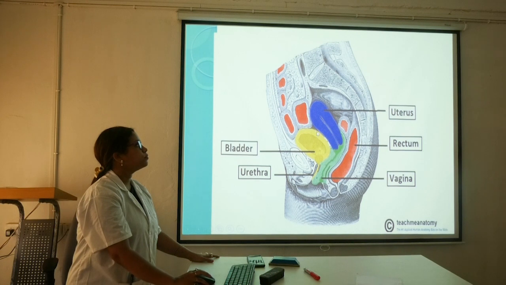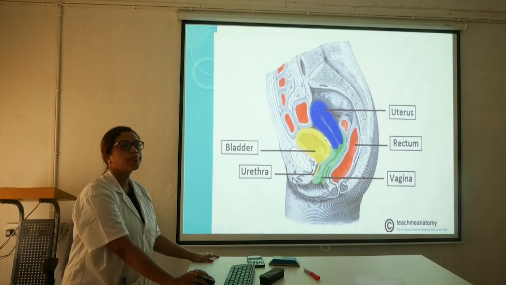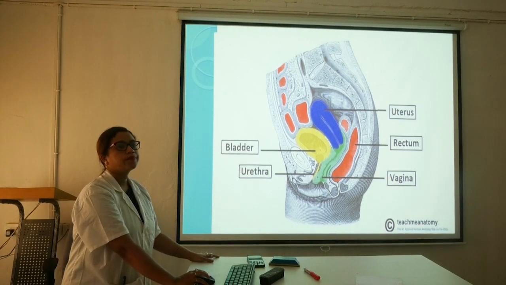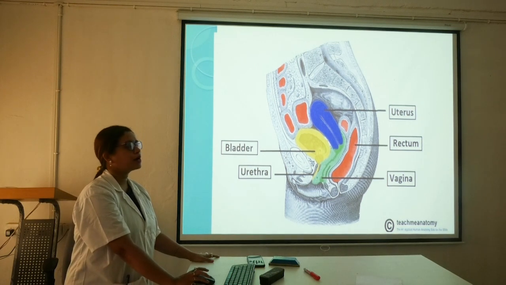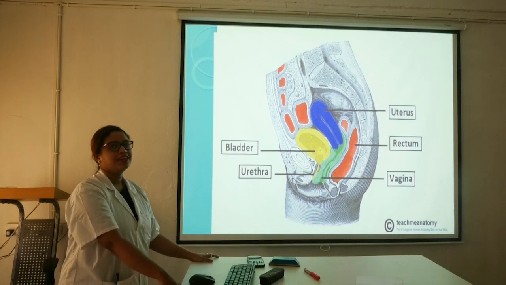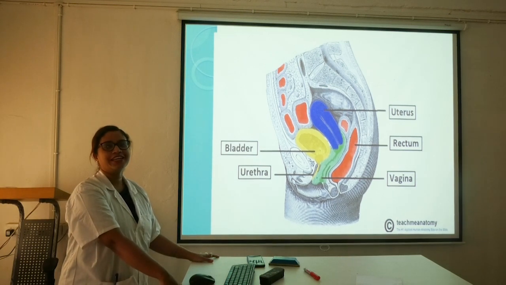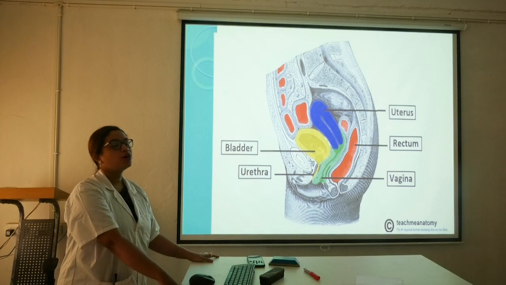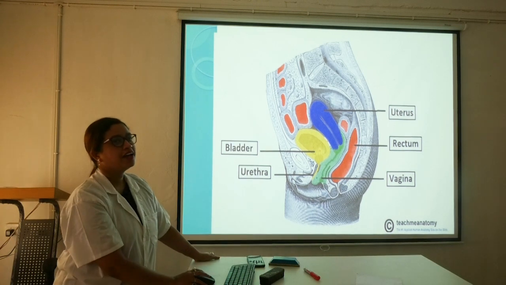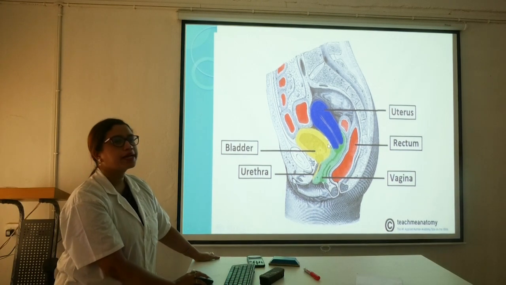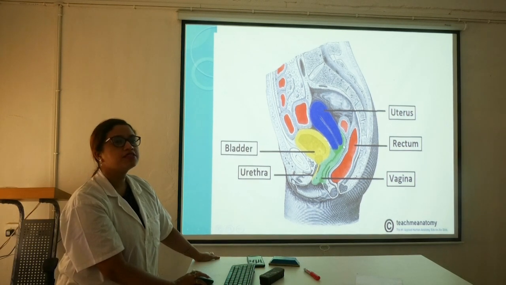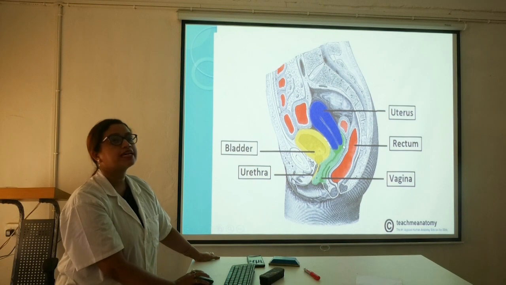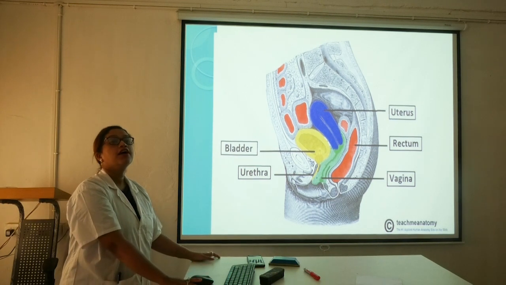So what is this area in between known as? Which pouch is this? This is the uterovesical pouch. Then between the uterus and rectum, this pouch is the pouch of Douglas. Another name is the recto-uterine pouch.